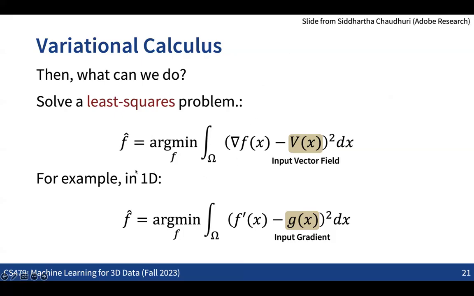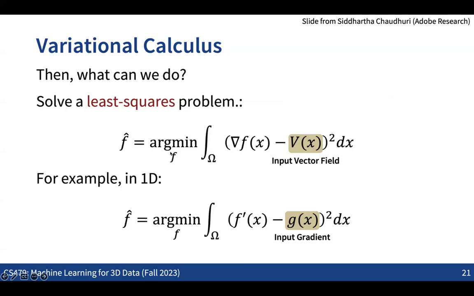What we are doing here is solving this minimization problem: we find the function f for which the squared difference between the derivative of the function and the input vector field is minimized. That's the goal here.